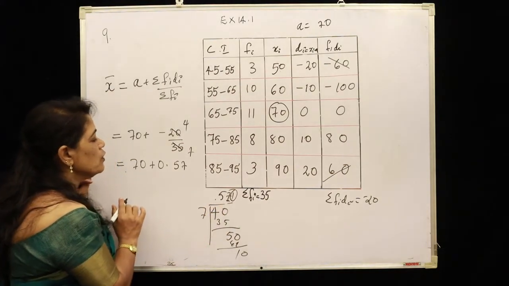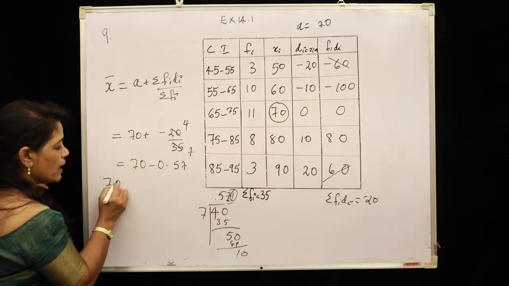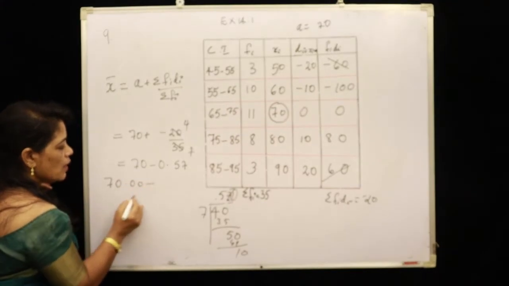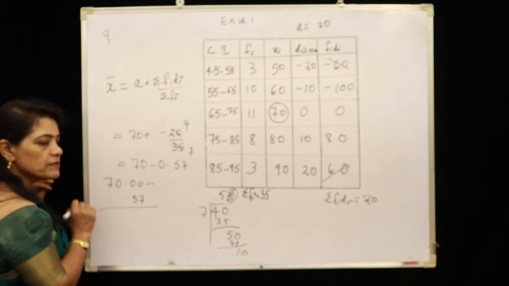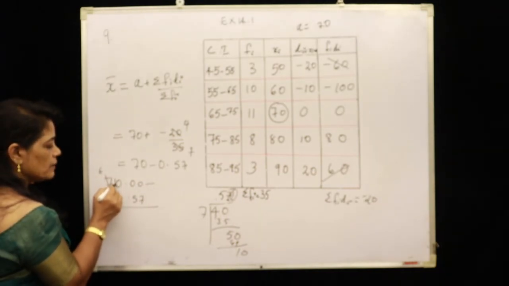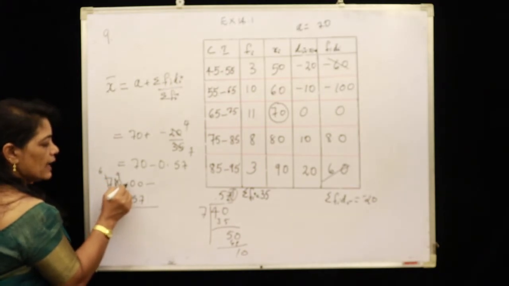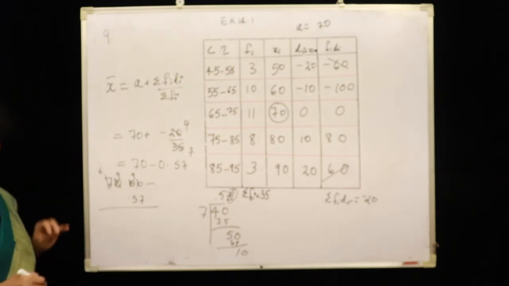So we are going to subtract this. 70 minus 0.57. We are borrowing from 7. 7 becomes 6 and 10 becomes 9 and here 10 becomes again 9 and in the last, 0 becomes 10.